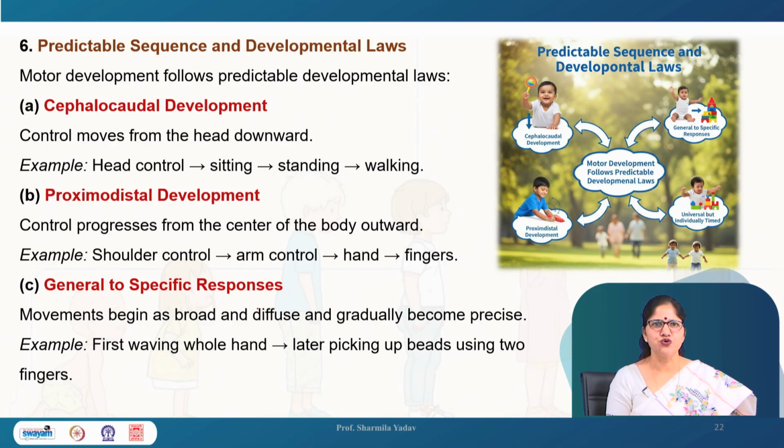For example, shoulder control, then arm control, hand and further fingers. General to specific responses: movements begin as broad and diffuse and gradually become precise. For example, first waving the whole hand, later picking up beads using 2 fingers.